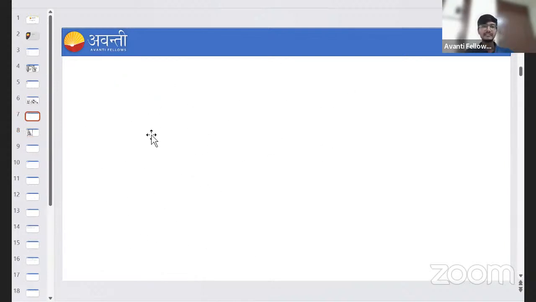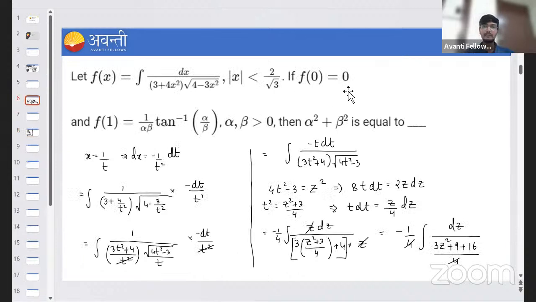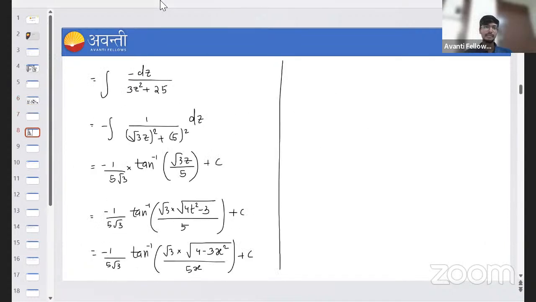So what is given? It is given that f of 0 is 0. So let us substitute 0. This is f of x, correct? So f of 0 is equal to tan inverse of infinity, right? So minus 1 by 5 root 3 into pi by 2 plus c is equal to 0.